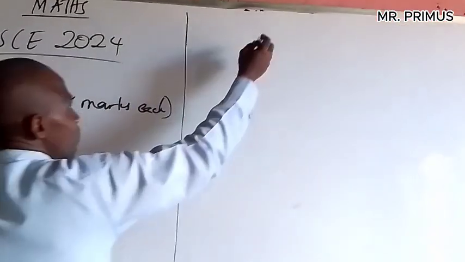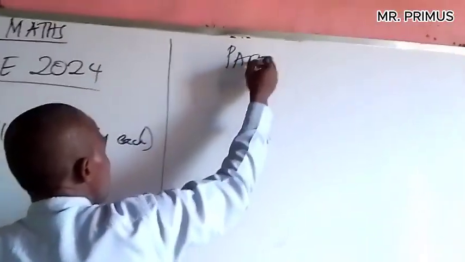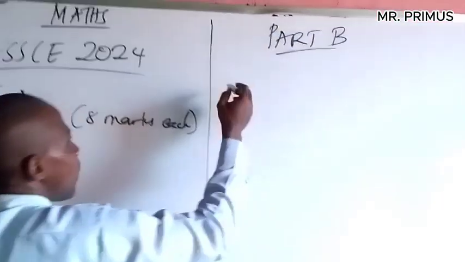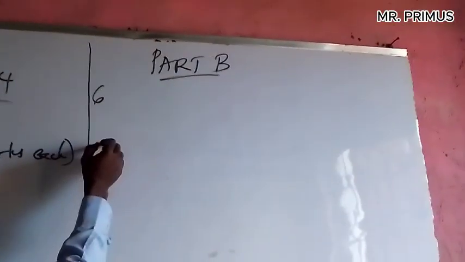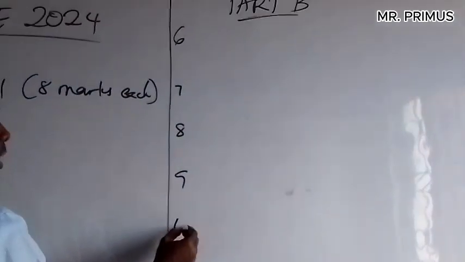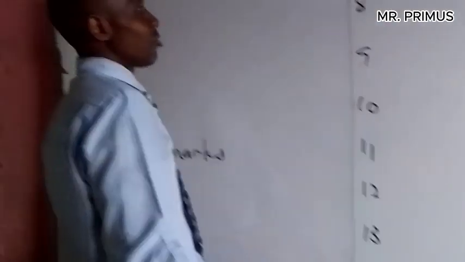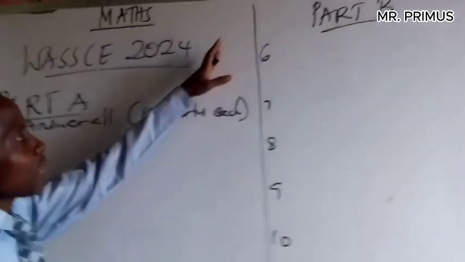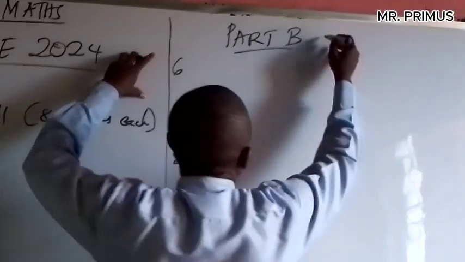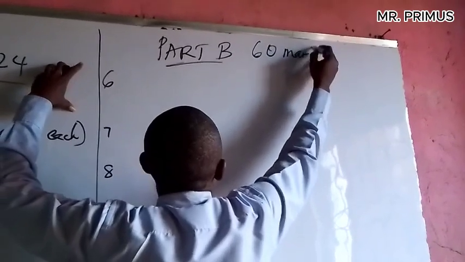Now, look at the second part, Part B, from question 6 to 15 for other countries. This one will give you a maximum of 60 marks.